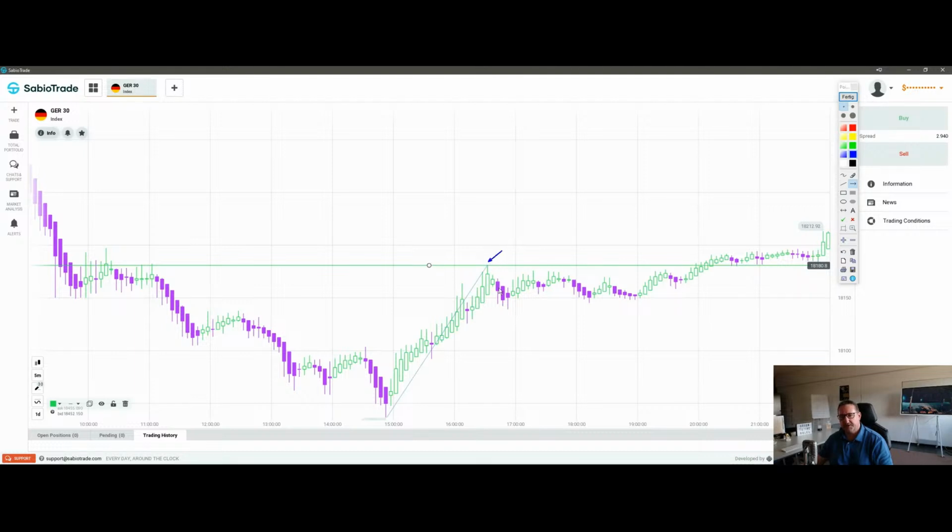There the correction starts. And then we have 3 closing prices above that line, that price, which means 1 closing, 2, and 3. And that means at that moment, we have a trend continuation. And if we have that trend continuation, we are looking for the next 2 candles who change the color.